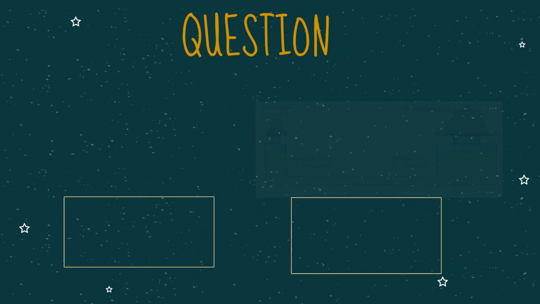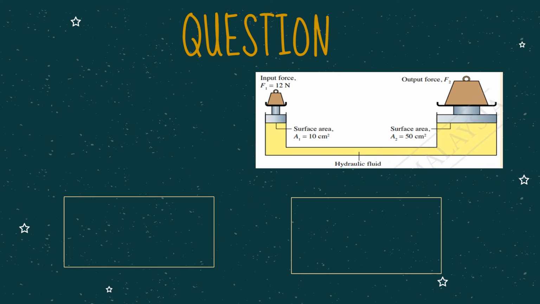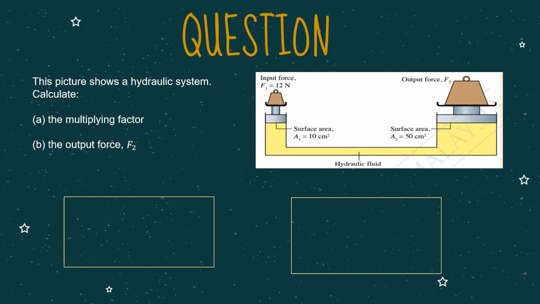Okay, you have already learned about Pascal's principle. Let's answer a few questions. This picture shows a hydraulic system. From this picture, calculate the multiplying factor and the output force F2.